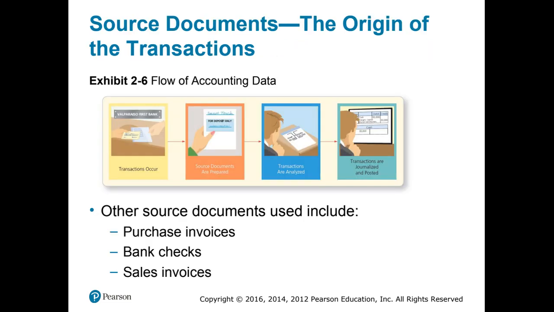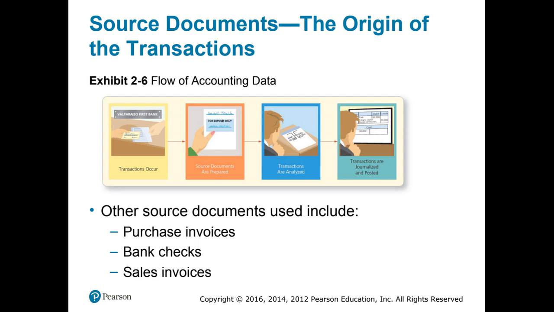And these are some examples of source documents. Other source documents include purchase invoices, bank checks, and sales invoices. In this example here, they're showing us the typical flow of accounting data. On page 63 in your book, it also shows the same diagram.